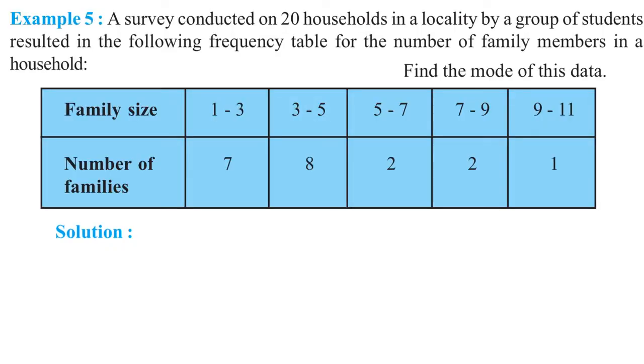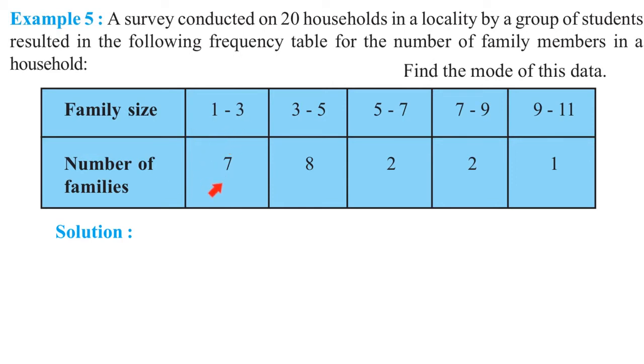Let's try this example. A survey conducted on 20 households in a locality by a group of students resulted in the following frequency table for the number of family members in a household. Find the mode of this data. So we have the class 1 to 3, that means the size of the class is 3 minus 1, 2.